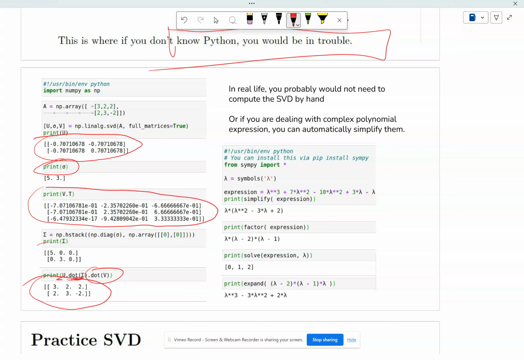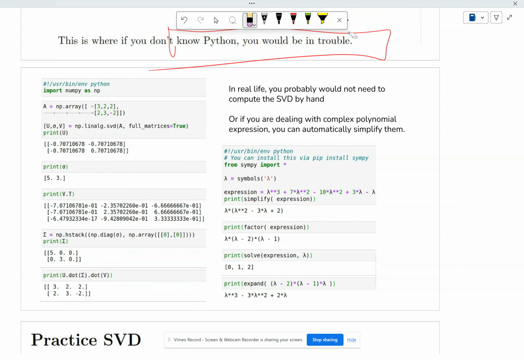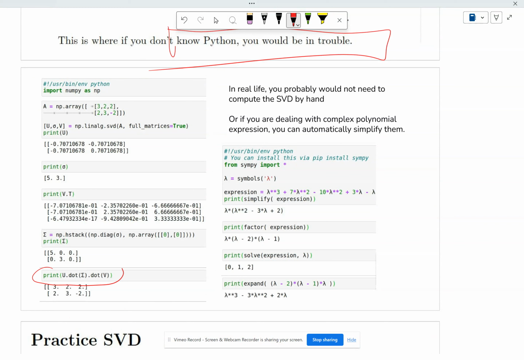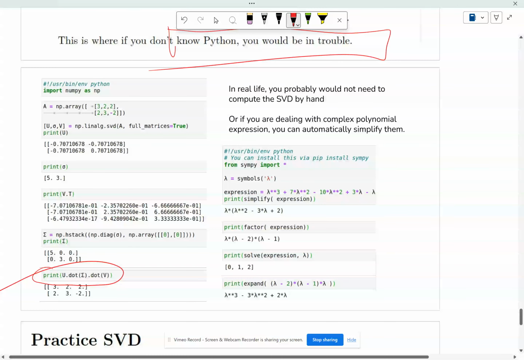This is the sigma matrix, by the way, where the diagonal are the singular values. Over here it shows you how to do the reconstruction.